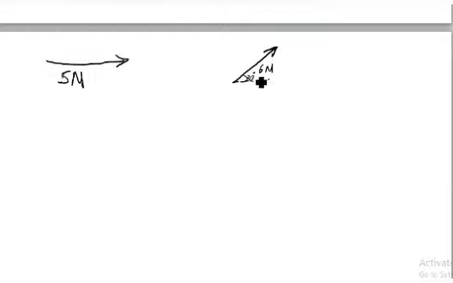Let's say the angle is 30 degrees, and I want to add these two vectors. You can add them using the triangle of forces.